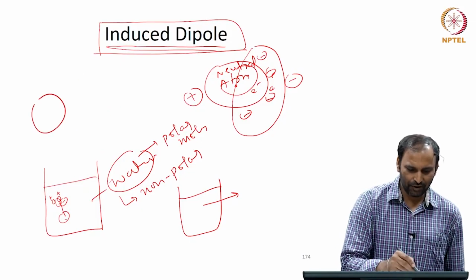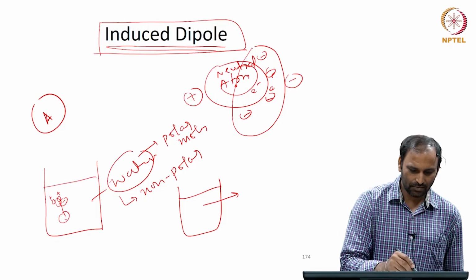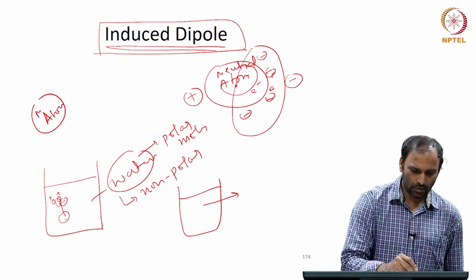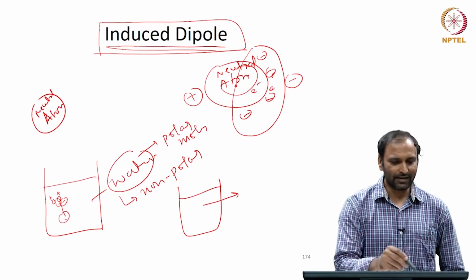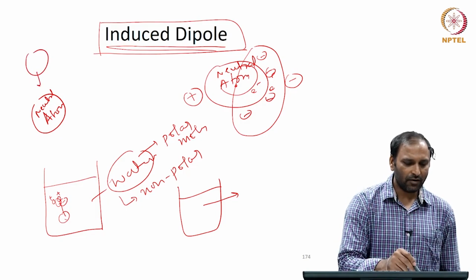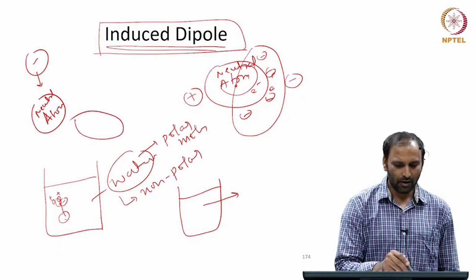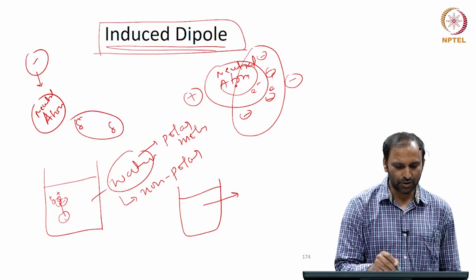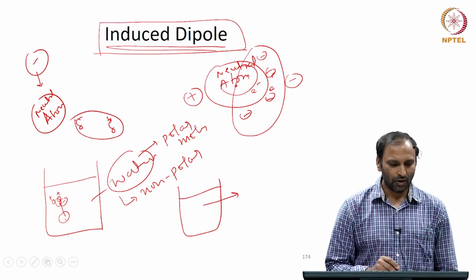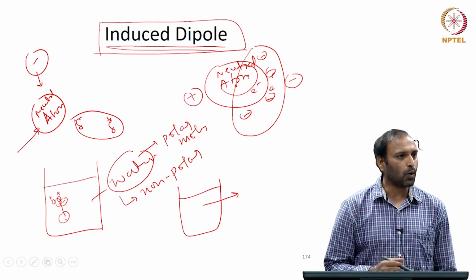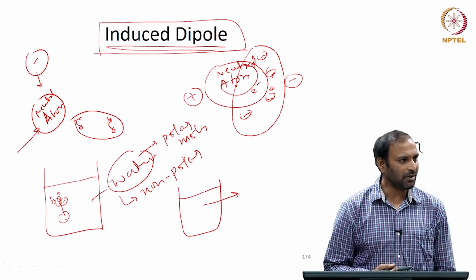I said that I have a neutral atom, and if a charged species approaches a neutral atom, or if a permanent dipole approaches this neutral atom, it can be polarized.